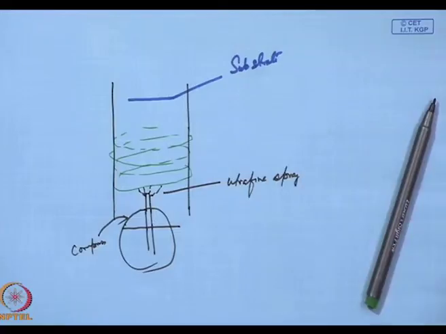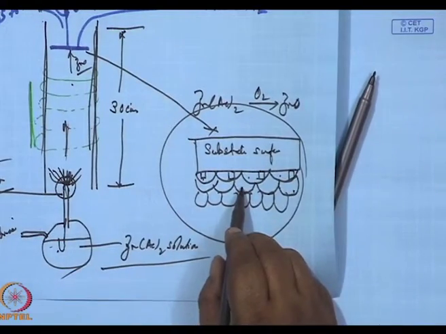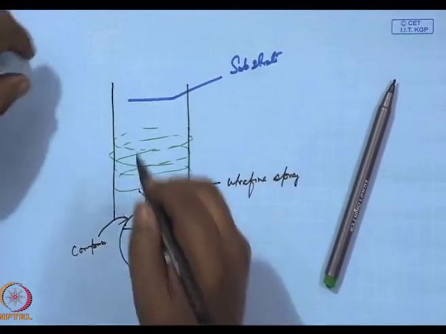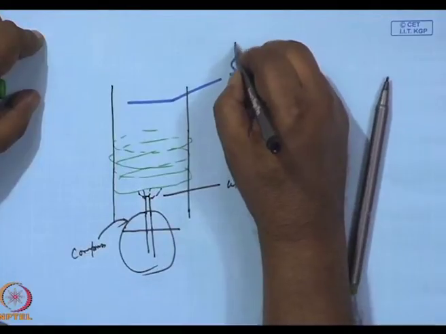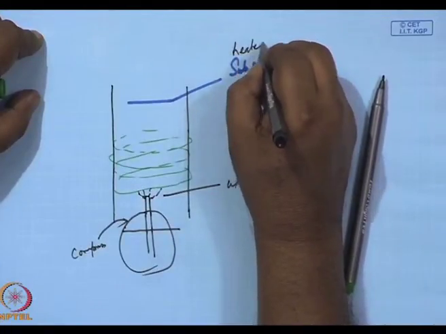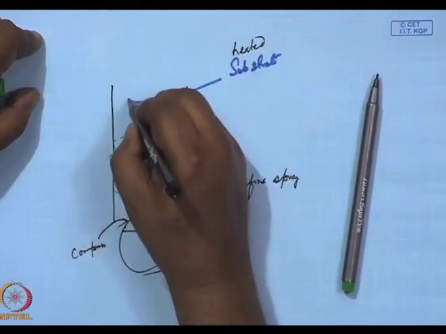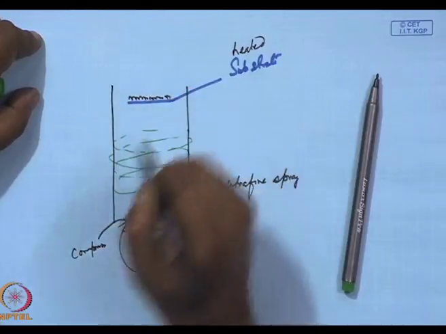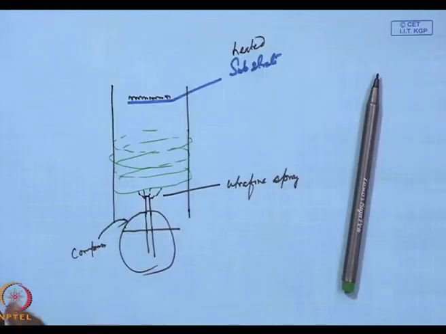Now, in the last diagram I had just said substrate. But if I now make it a heated substrate, behind the substrate there is a radiant heater.